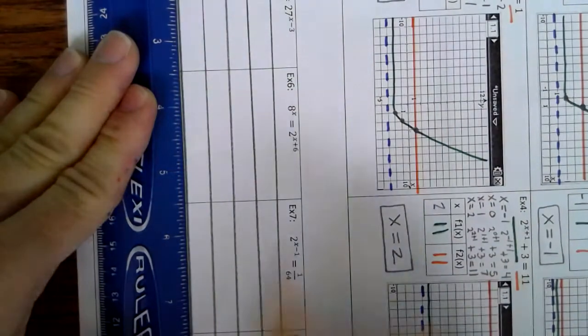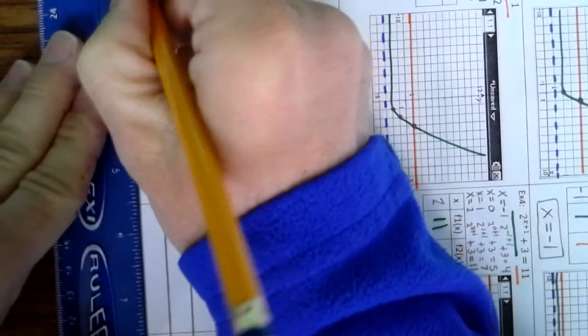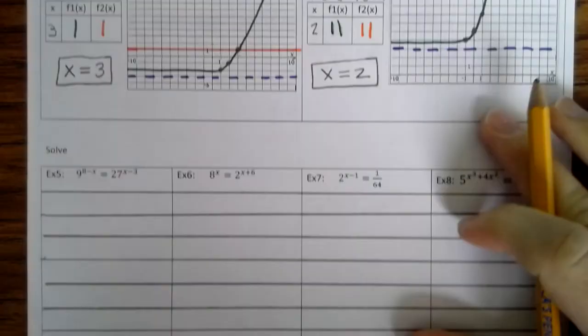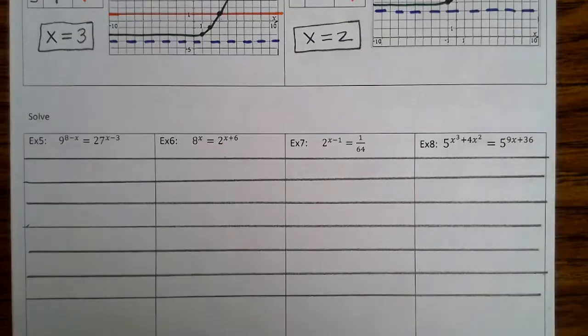All right. Now here we want same base, okay? So the way you have to think about this is we can write 9 as 3 squared.